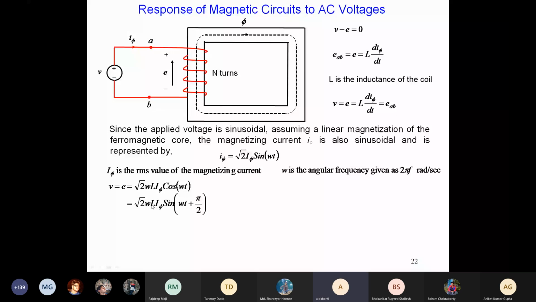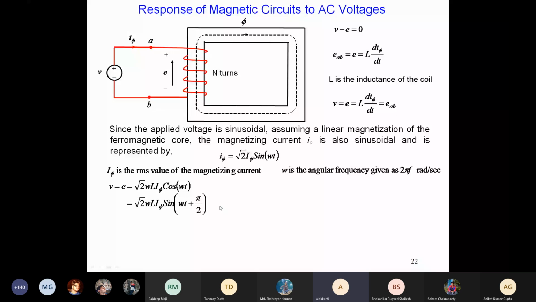So what is the relation? The voltage is leading I phi as well as phi. Suppose we assume that I phi and phi are along the same direction. So the voltage is leading the magnetizing current, I phi, as well as the magnetizing flux, by an angle pi by 2.